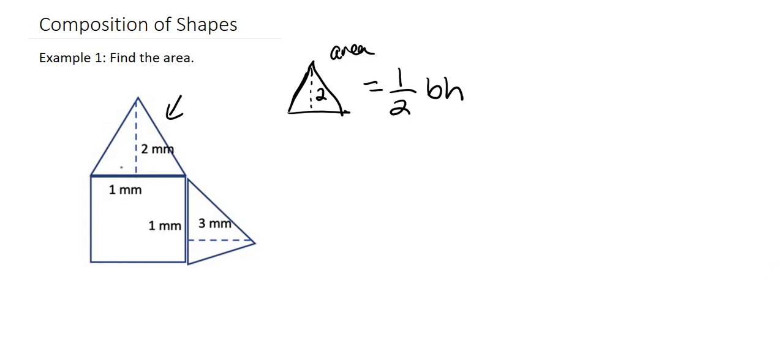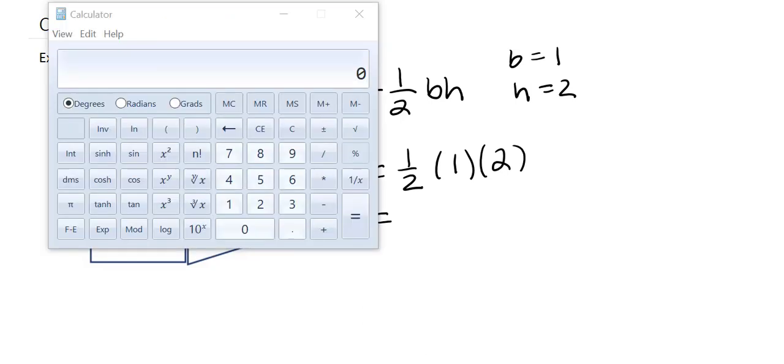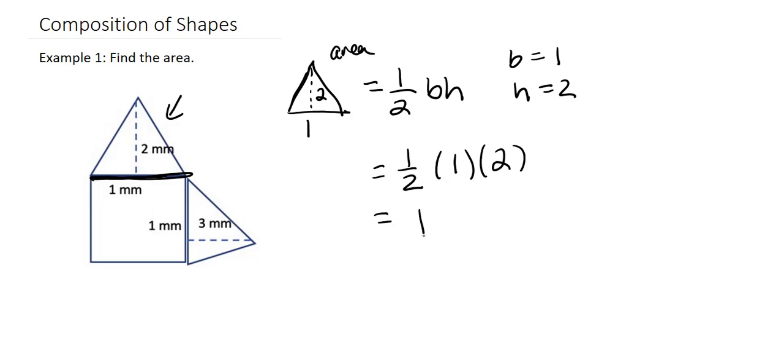If our base is 1 and our height is 2, let's put that all in. So we have 1/2 times the base, which is 1, and then times 2. Let's solve. 1 divided by 2 is 0.5, then times 1, then times 2, and we get 1. So the area of the first one is 1 meter squared.